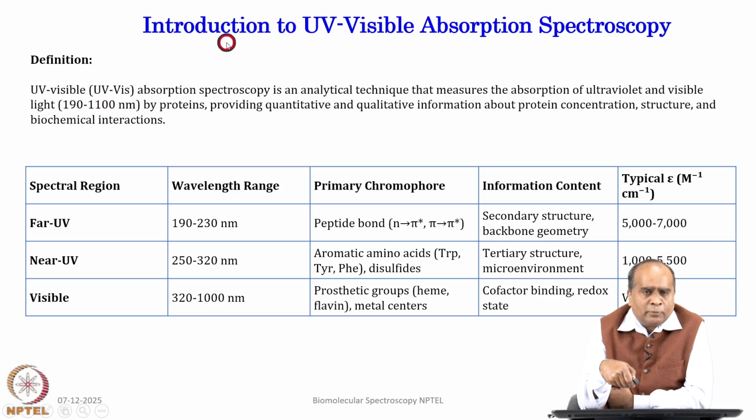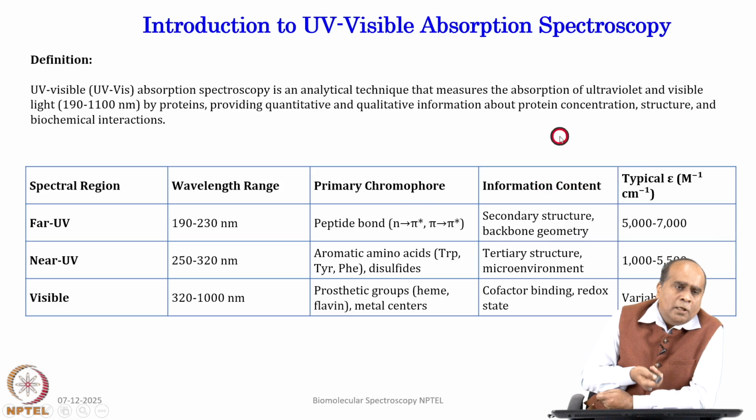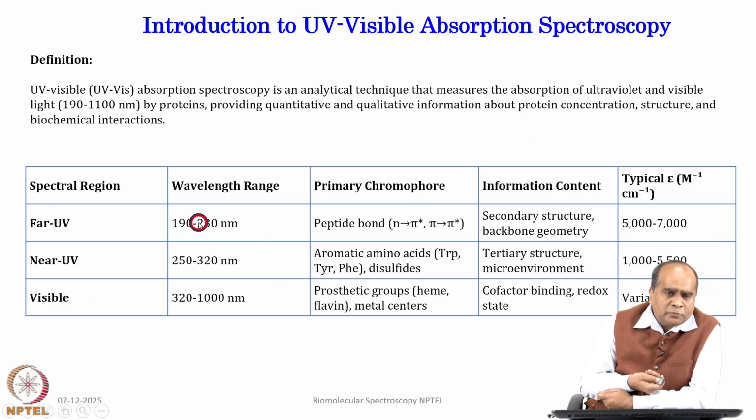By proteins, this is helpful in providing quantitative and qualitative information about protein concentration and structure, in biochemical applications. So, this is far UV, 190 to 230, then near UV, 250 to 320, and then visible, 320 to 1000, right.